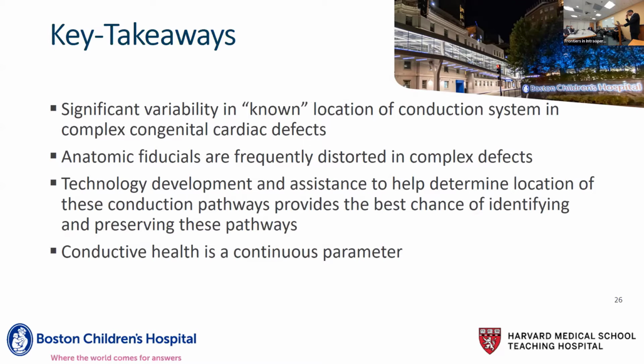I talked to Lizzie and other electrophysiologists. Our traditional thinking that it's heart block or no heart block, I think we need to get away from those gross parameters, and think of this as a continuous thing, as a global rank score parameter, where you think of different grades of conductive health and how these impact the patient's overall health in the long term.